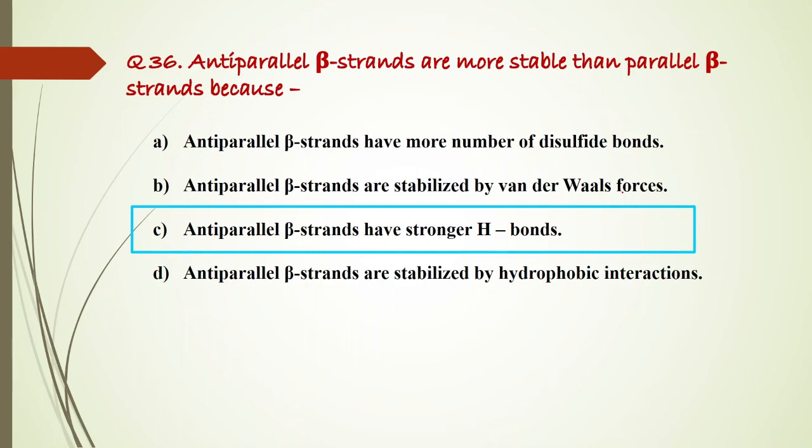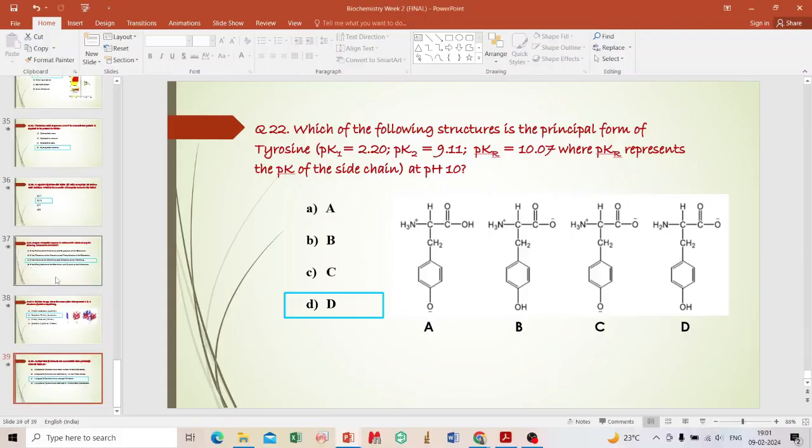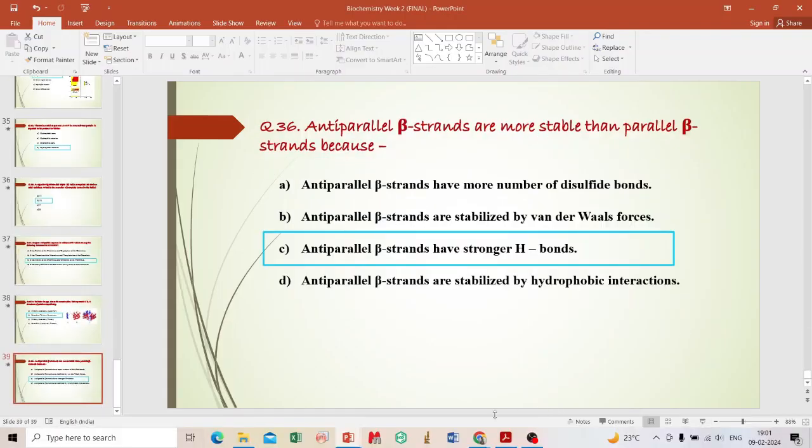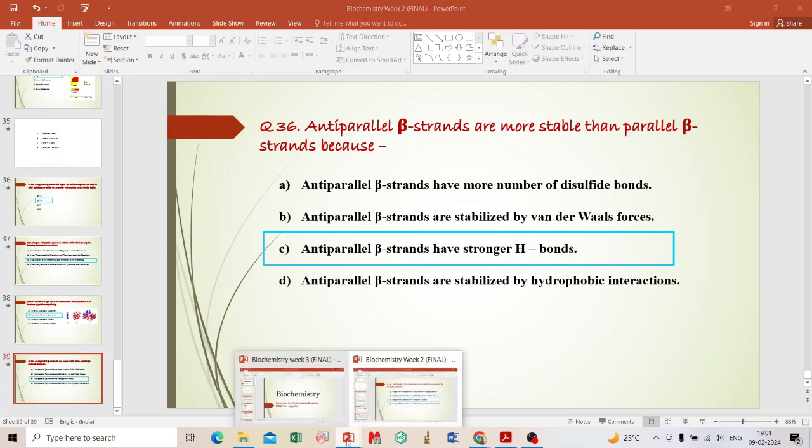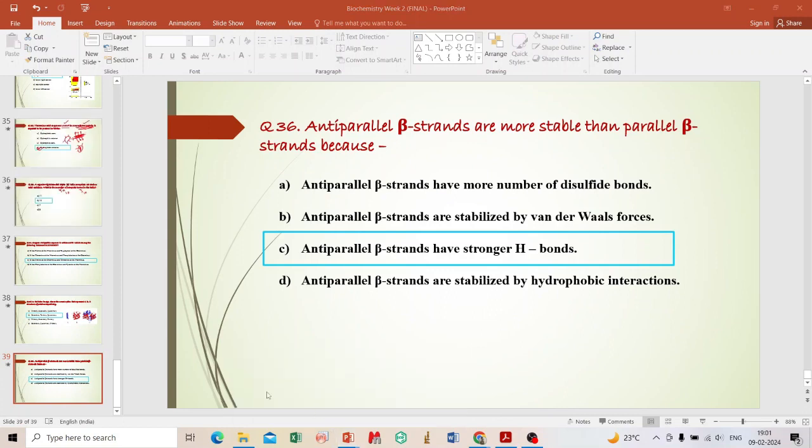That is the basic reason why anti-parallel beta strands are more stable compared to their parallel counterpart. Okay, yes, as I thought. So this was the last question from week 2. Now we can directly go to week 3.